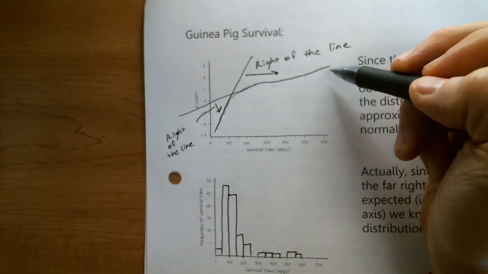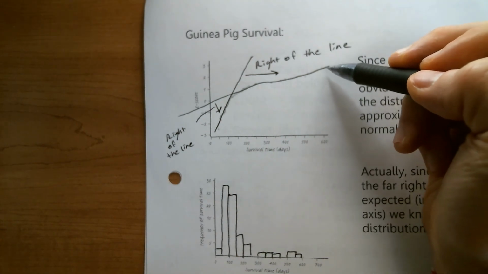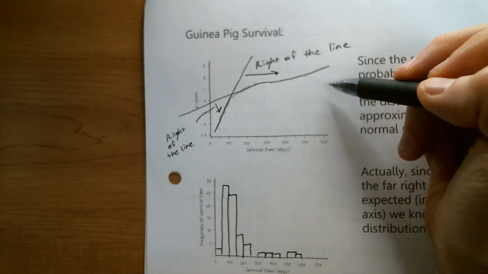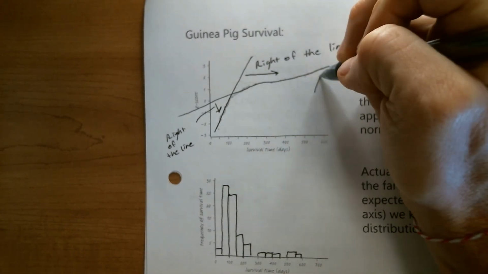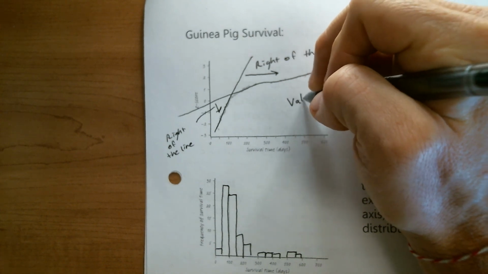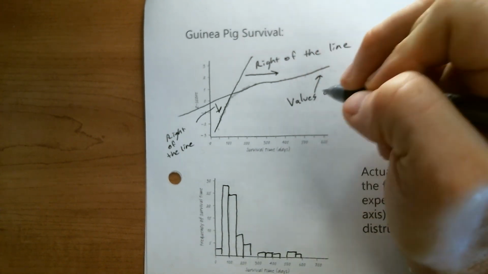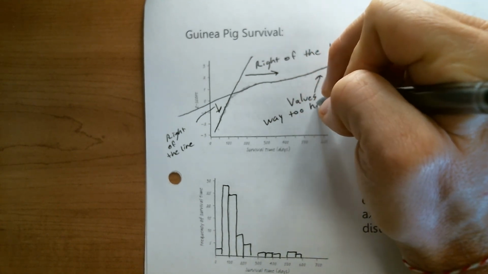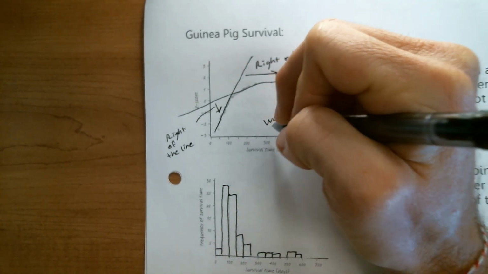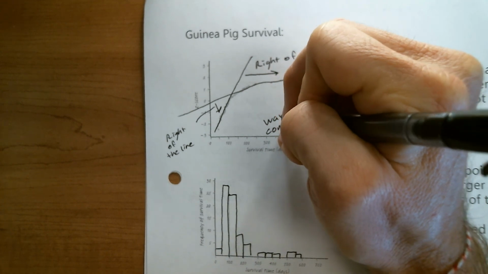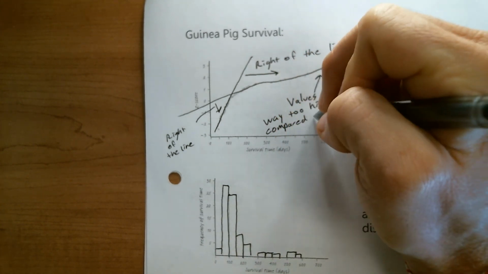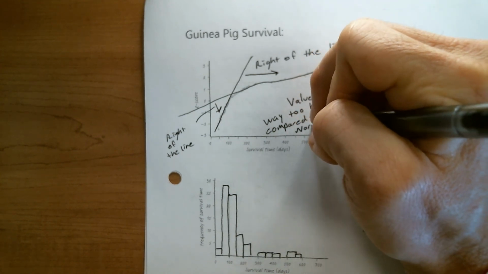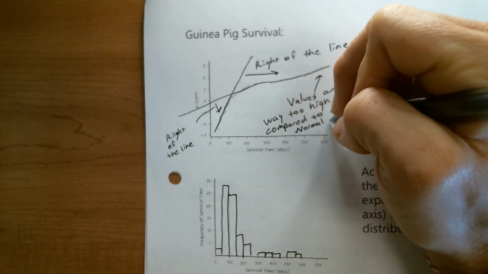But instead, the percentile that gives us a z-score of 3 is being attached to a value of like 600. These values are way too high compared to what we would expect for a normal distribution.